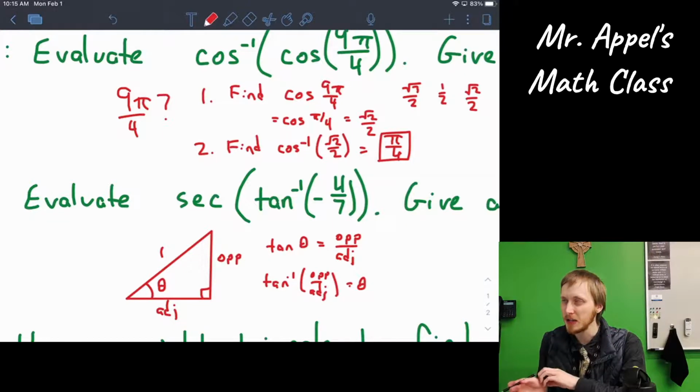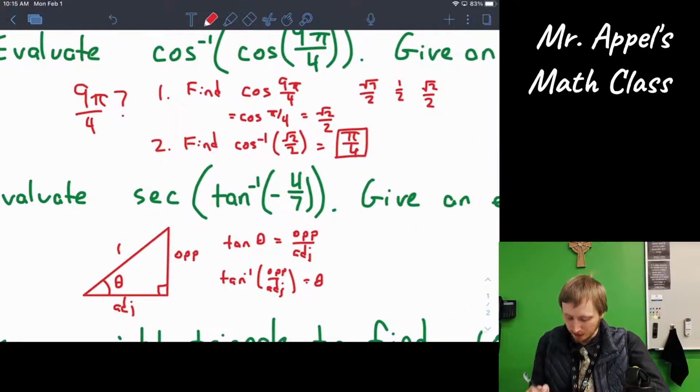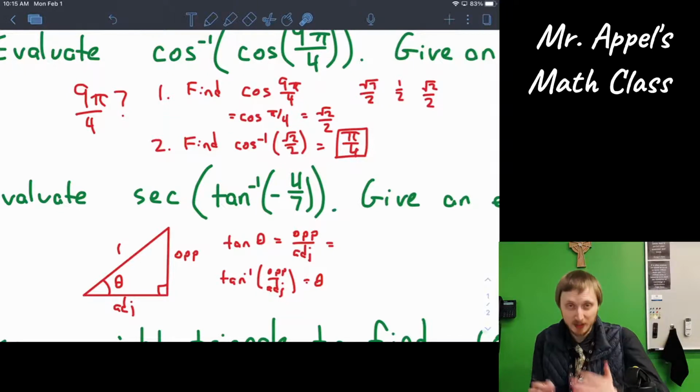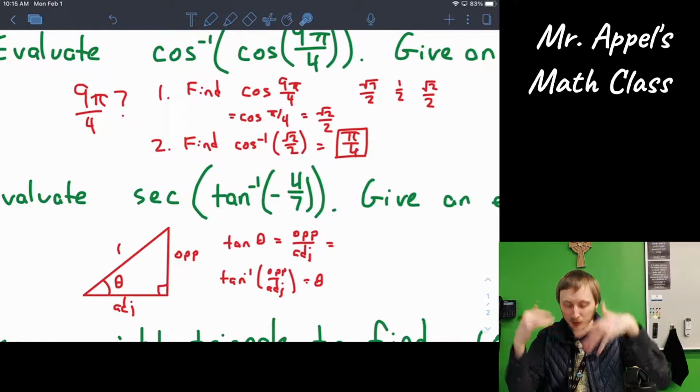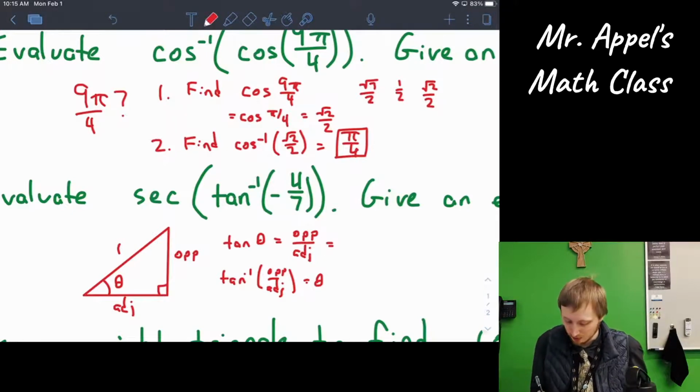See what I'm doing here? Now, that opposite over adjacent we know is given right here. Inverse tangent of what? Of the opposite over adjacent. Whatever the opposite over adjacent are, they will reduce to the fraction of -4/7.